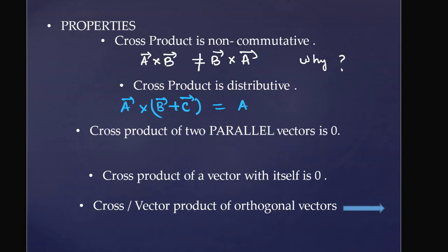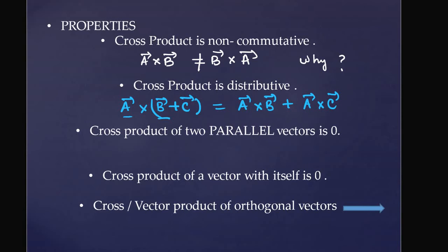I can write it as A cross B plus A cross C. You cannot write it as C cross A. As we know, the vector product is non-commutative. You have to write it as it is, like A cross C, not C cross A. That would change the solution. Okay, so it is distributive, of course, but you have to keep in mind that it is non-commutative.